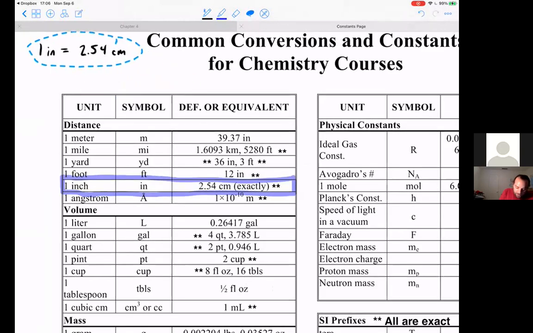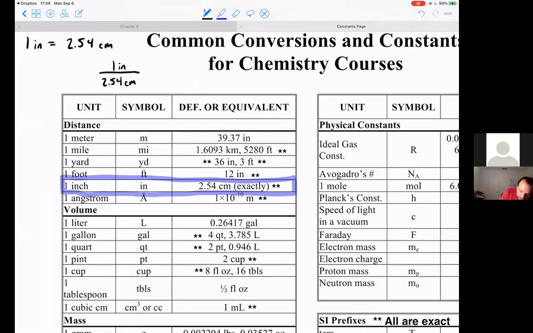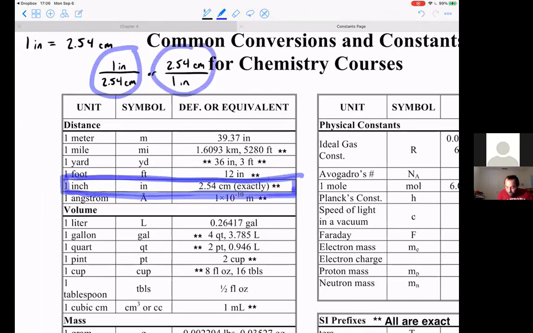From this statement, 1 inch equals 2.54 centimeters, we can create the conversion factor 1 inch over 2.54 centimeters or 2.54 centimeters over 1 inch. So these would be the conversion factors that we get from this line on our constants page. And this is what we would be using mathematically to convert from inches to centimeters or centimeters to inches.